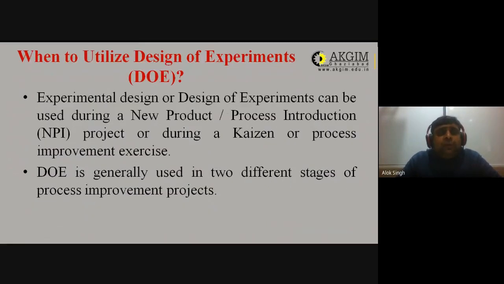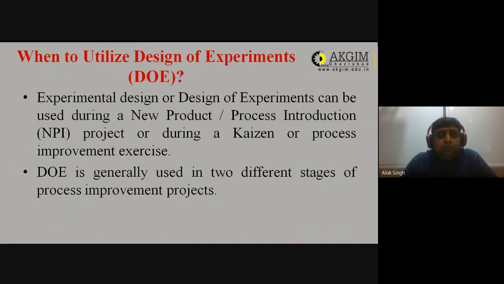So when to utilize design of experiment? Experimental design can be used during new product introduction. If you are planning to introduce a new product, like you want to open an outlet that will deliver tea, as winters are going on, you are going to design a tea manufacturing company.